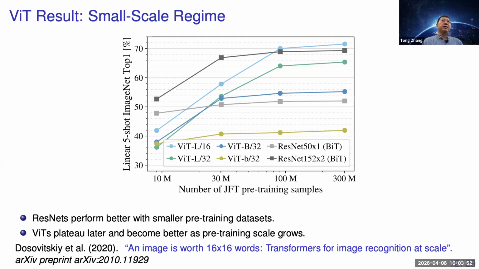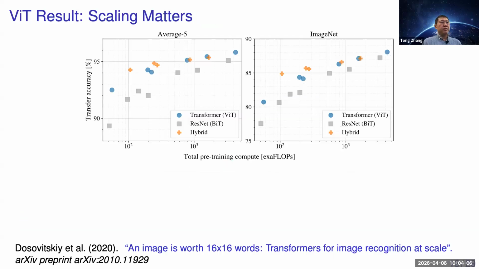This is a key message, and people buy it because nowadays people use ViT quite a bit. They used to use ResNet for image representation, not anymore, if you have the choice.